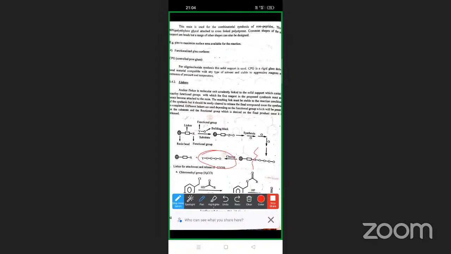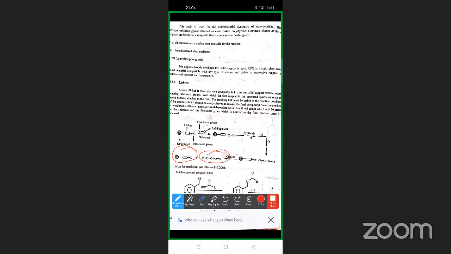So this is your final product, where the resin bead with the reactive functional group linker is finally obtained as unreactive. After completion of the reaction, it won't undergo any changes here.